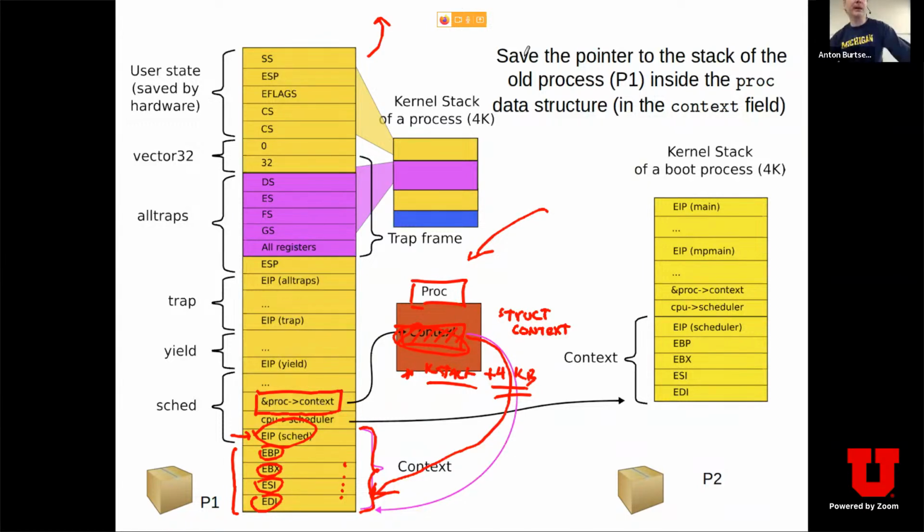But only when we're already in the user level. When we will be switching back to this process, we'll be in the kernel. So we will pick up this context pointer, which will lead us here, and we say this will be the current value of the stack. So our ESP in the kernel will be pointing exactly here, and that will be enough to start restoring the state. We'll see in a second.